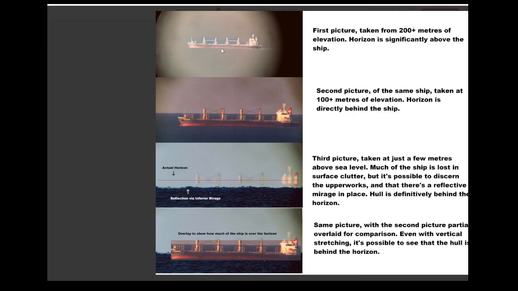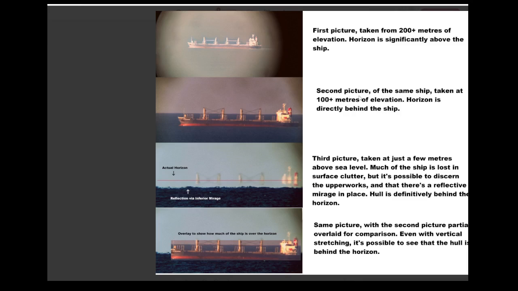It's not very clear, I don't know why, but first picture taken from 200 plus meters of elevation. Horizon is significantly above the ship. Okay, so what you're going to see is a horizon that is at that person's eye level. So it might appear to be at this height of 200 meters plus.